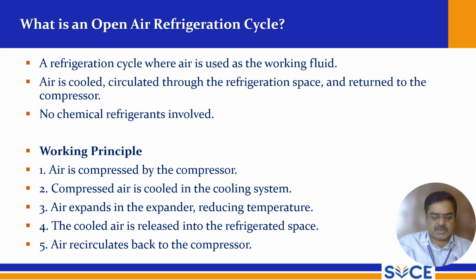Again air will be compressed and will acquire a higher temperature, and that should be cooled in the cooling system, then expanded so the temperature decreases further, and then the cooled air is circulated in the refrigeration space and taken back to the compressor. So this is the cyclic process that happens in an air refrigeration system.